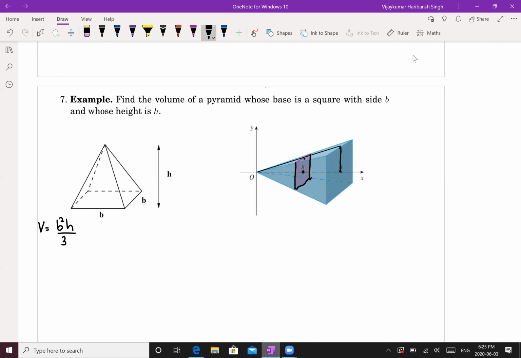So now if you look at these two triangles, here we have H, and since the total base is B, this half is B by 2. So this part length is B by 2.